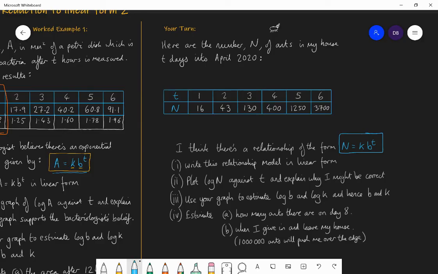Then use that new formula that you've created, with the values of k and b found, to estimate how many ants there would be on day 8, and estimate how long until I give in and leave my house. Okay, so 1 million ants will push me over the edge and will mean that I leave and never come back. Luckily, that didn't happen. So have a go at that, pause the video, and then I'll show you the answer.